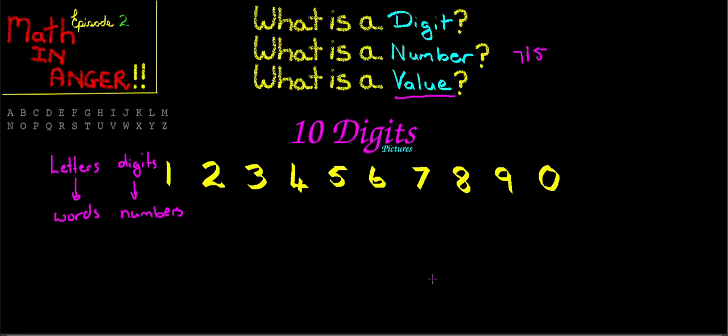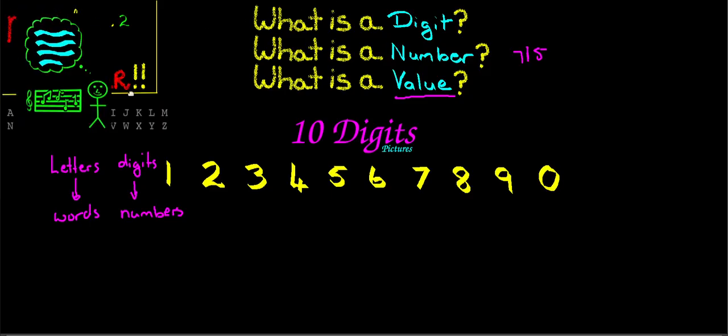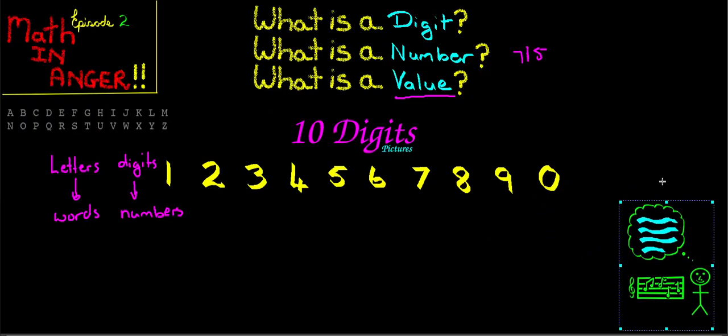They represent values. And if you think back to the previous episode, I drew you a little stick figure and I said this is a composer and they want to make music and they draw pictures on a piece of paper to give instructions to people who are wanting to make that music.